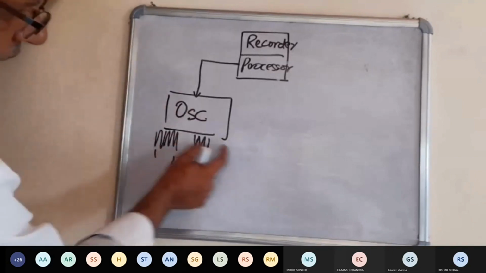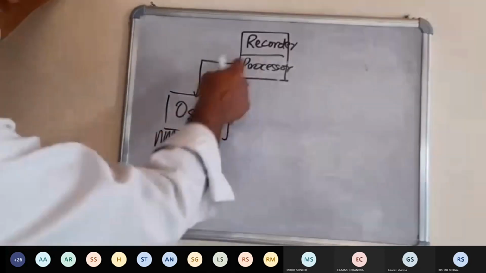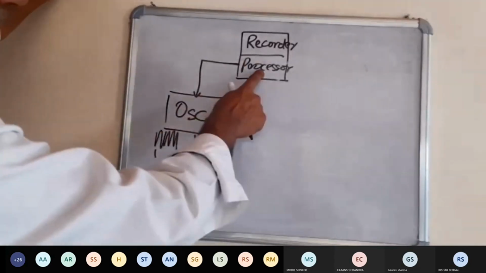So pulse length, PRF and frequency all being guided by the processor.